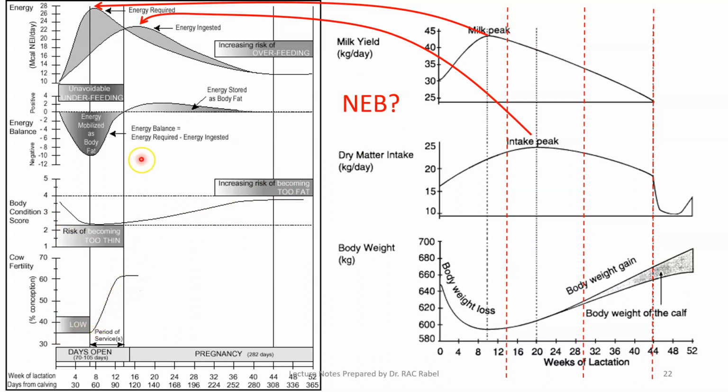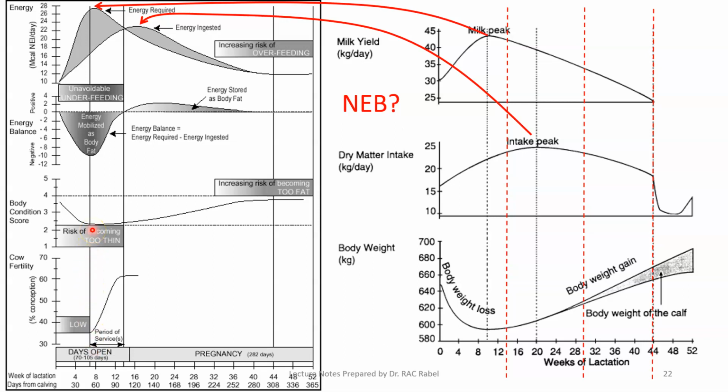So remember, if they lose body condition too much, there is a risk of becoming too thin and diseased, and fertility also suffers. For animals to be fertile and get pregnant, remember that open period that we talked about?